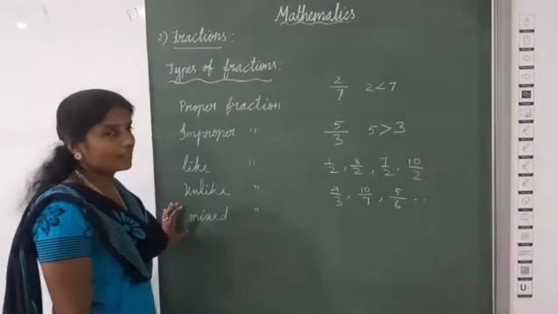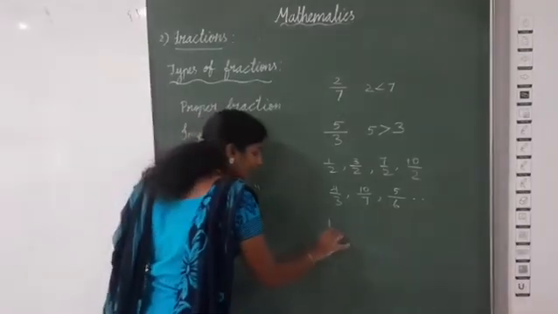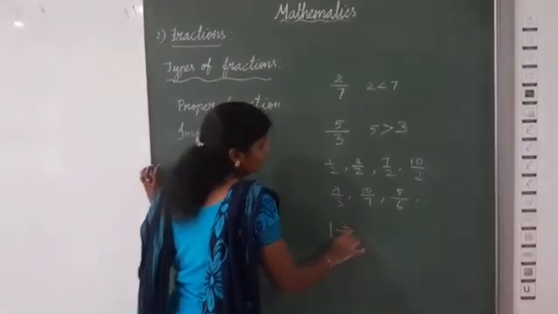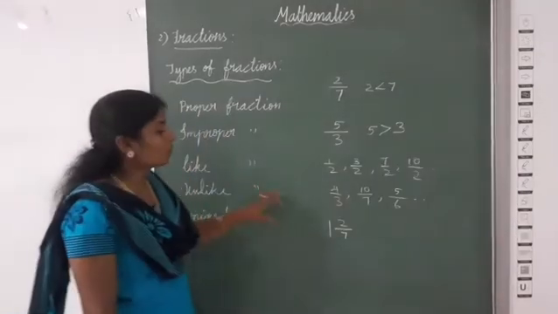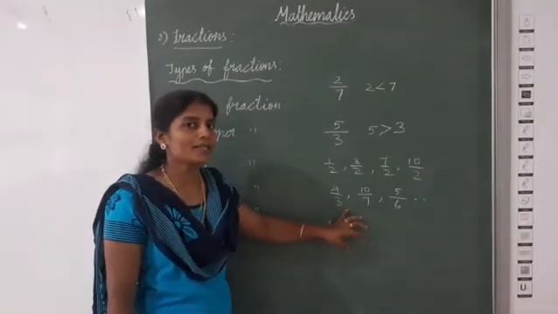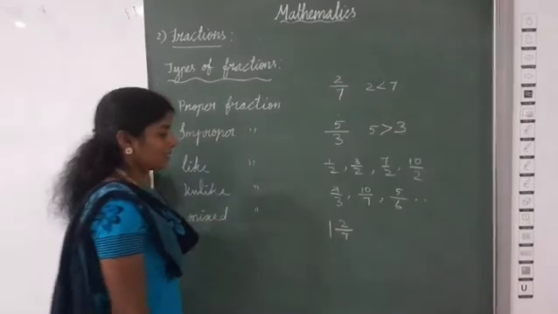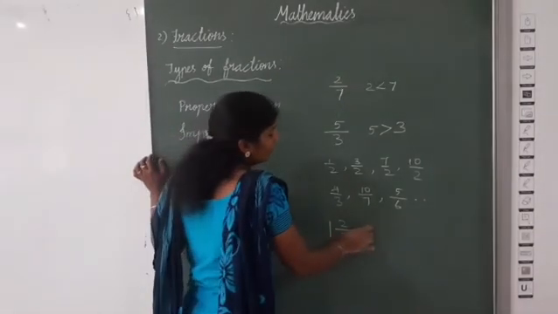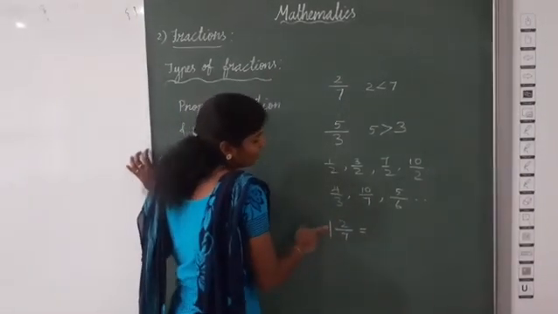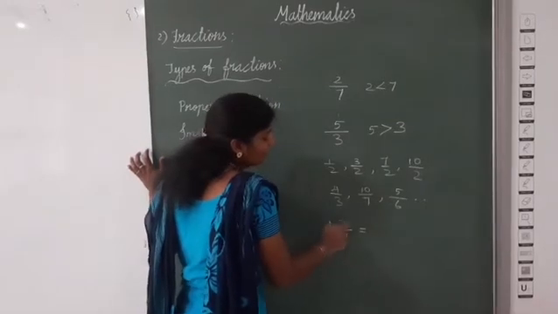Now mixed fraction means we have one whole number and one proper fraction, for example 1 and 2 by 7. One whole number with a proper fraction is called a mixed fraction. Now we can convert it into an improper fraction: 1 into 7, 7. 7 plus 2, 9.